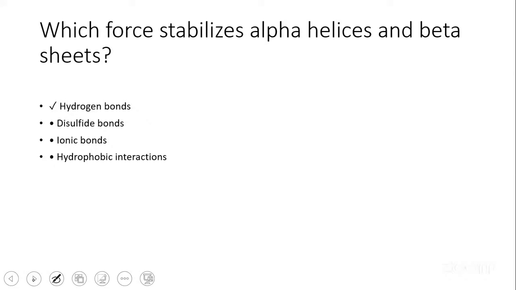So which force stabilizes alpha helix and beta sheets? It's hydrogen bond. Hydrogen bond is the primary force in secondary structures.